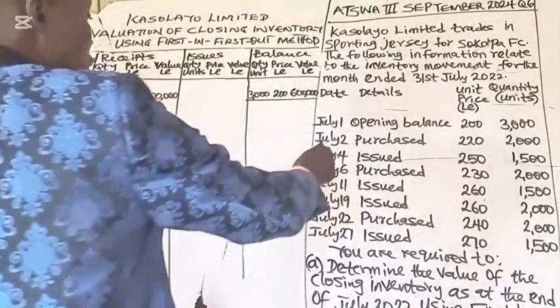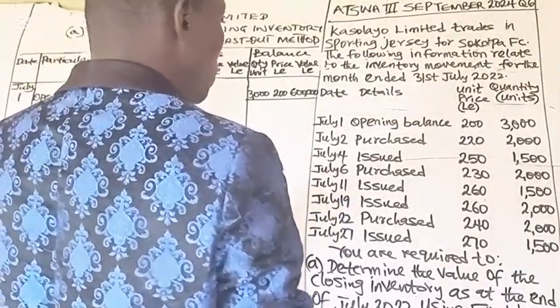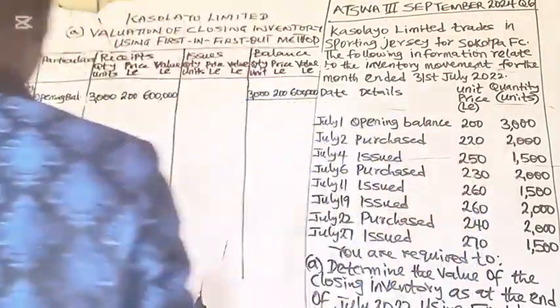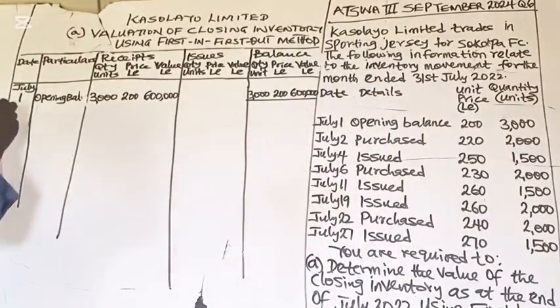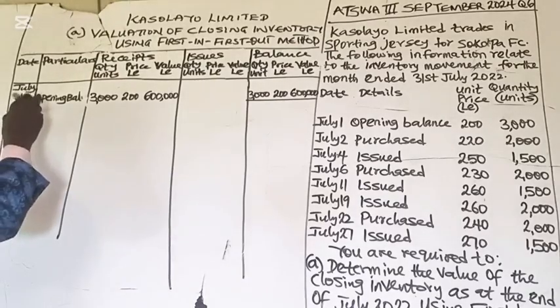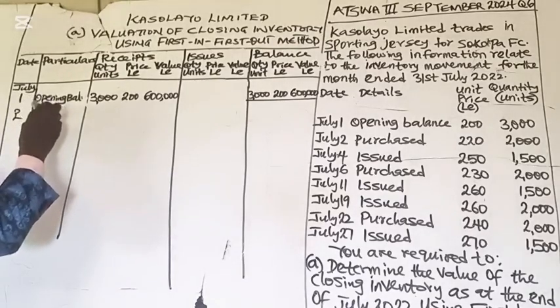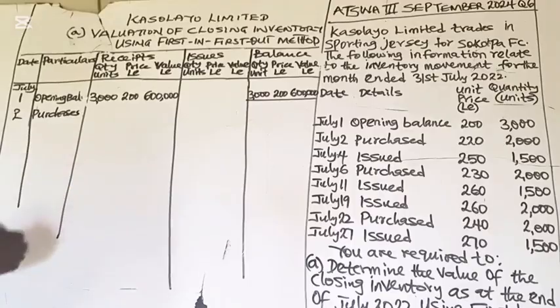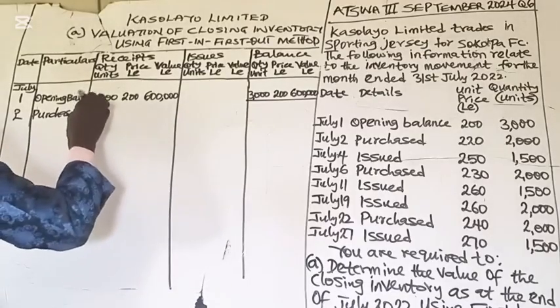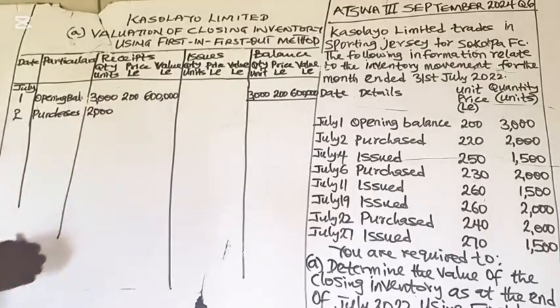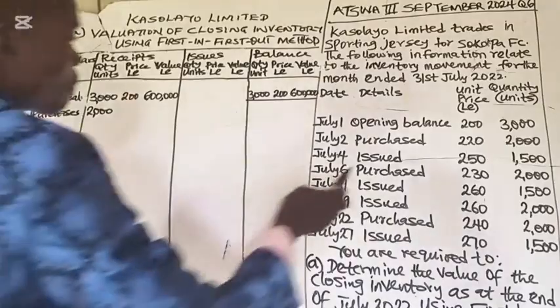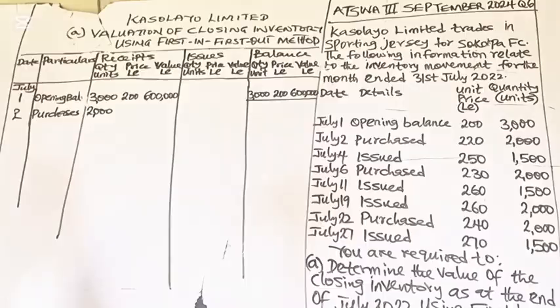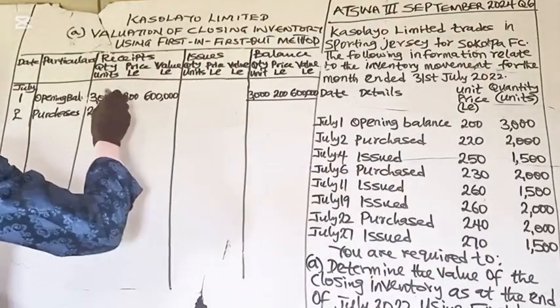On July 2nd, you purchased 2,000 units at the price of 220 lyon.